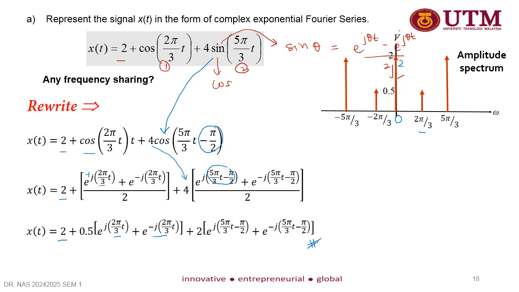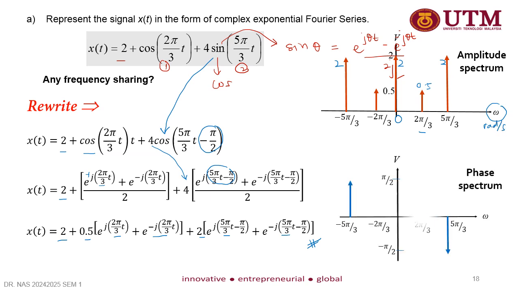The magnitude for both is 0.5. And then at 5 pi over 3, the third frequency, and negative 5 pi over 3, the amplitude is 2. Okay, don't forget to put the axis, and the unit is radian per second.